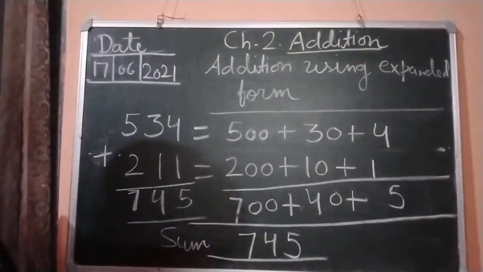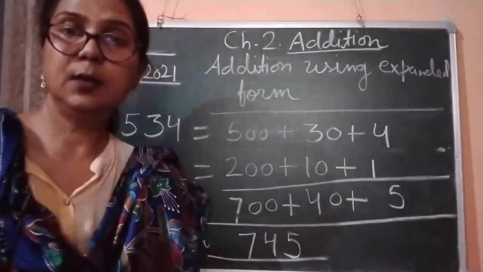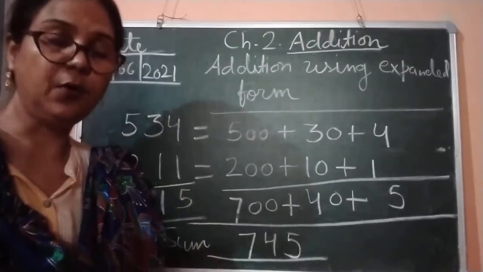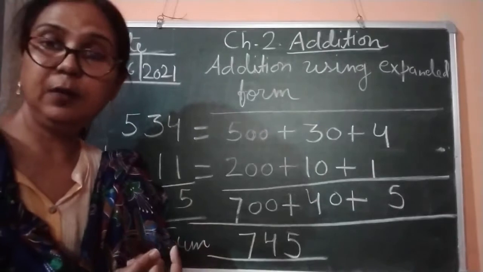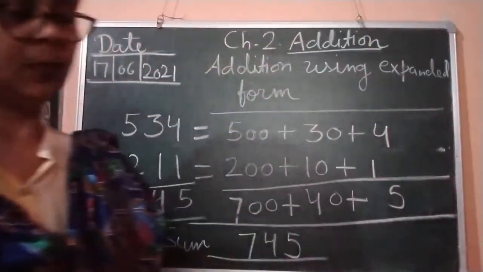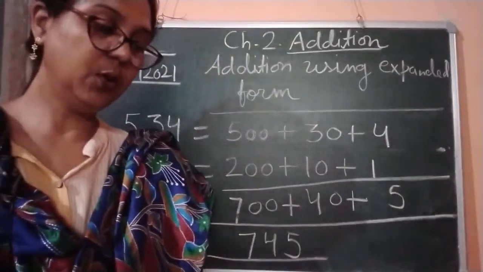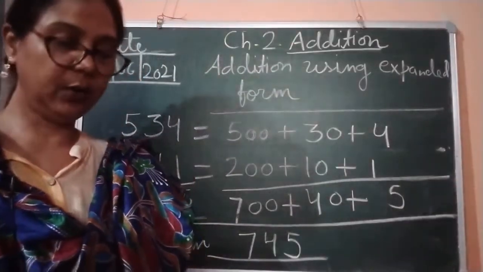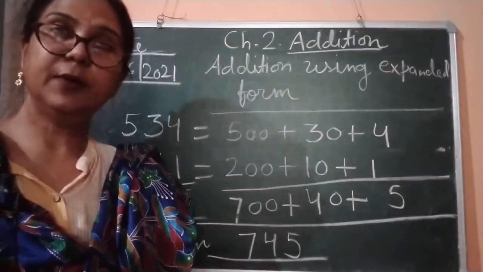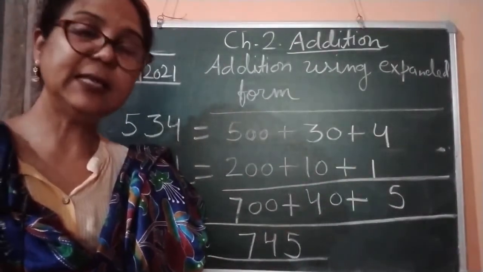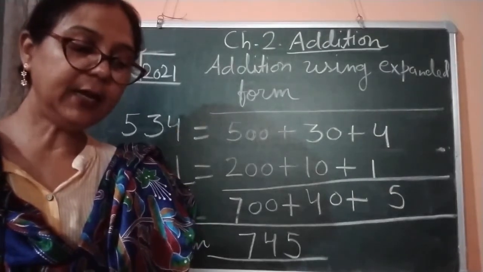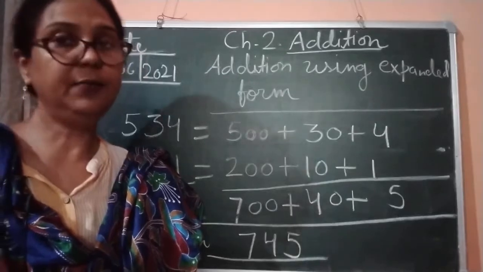Now because we have learned how to write and how to add in the expanded form, first of all we will do a few exercises which are based on expanded form. So take out your maths book, page number 37. First we will do exercise number 2.5. This is the first question, add using expanded form, that we have already done.